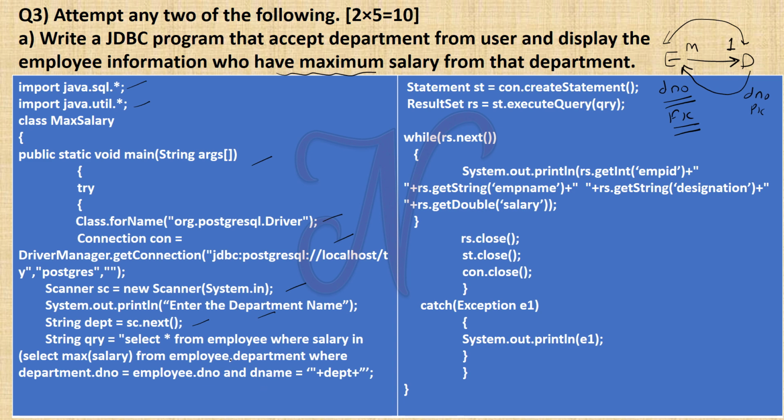Here we define a nested query. First the internal query: select the maximum salary from employee, department where department.dnumber equals employee.dnumber and dnumber equals DEPT. So this is your inner query.